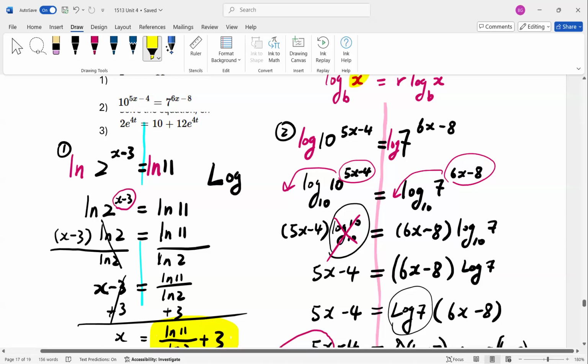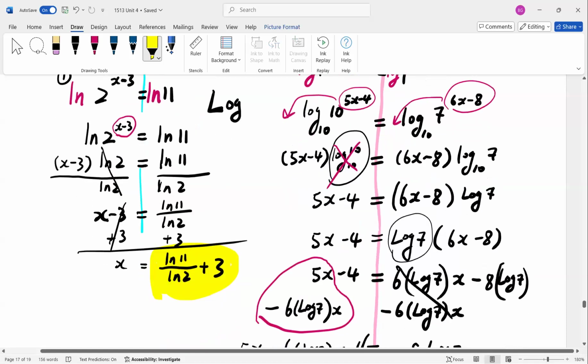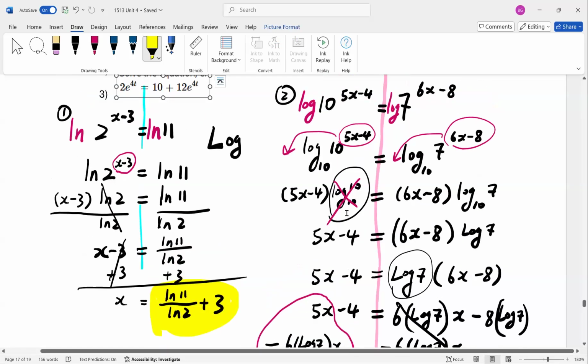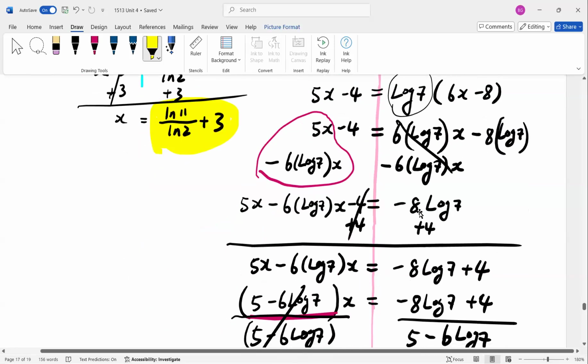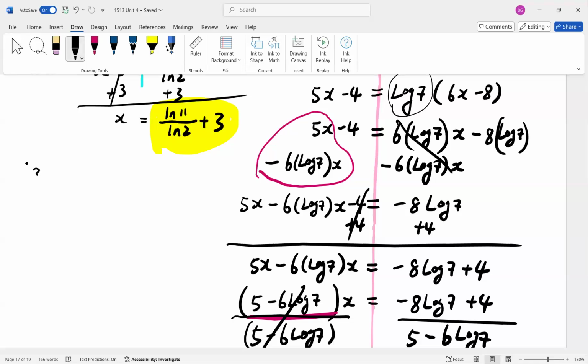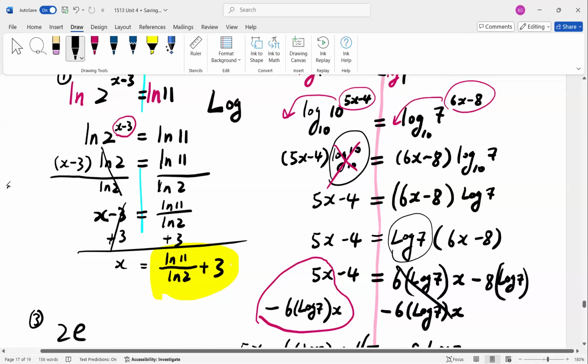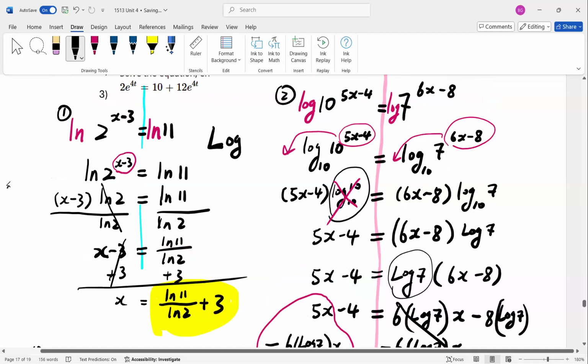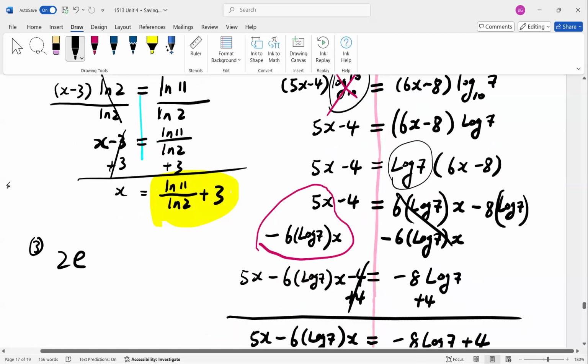Number 3. Did I copy this question? I'm going to use this space here for number 3. 2e to the power 4t.